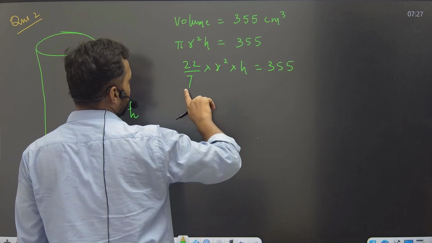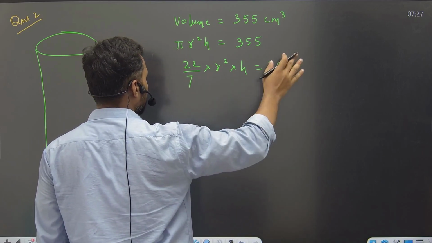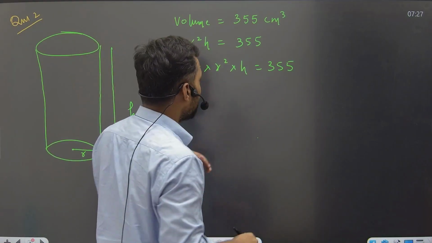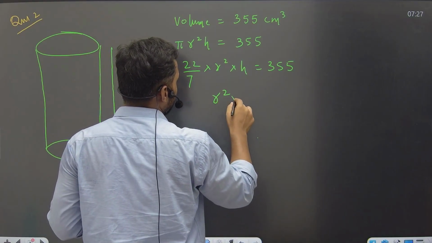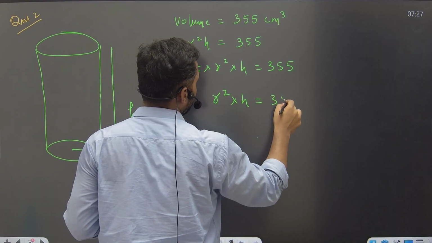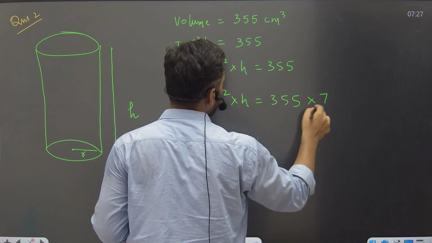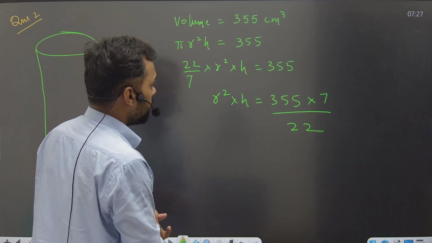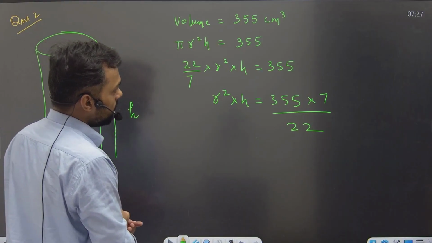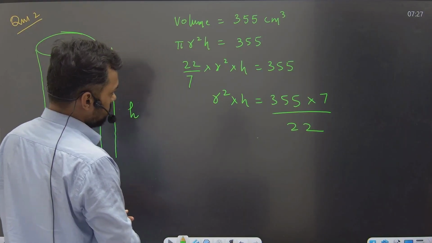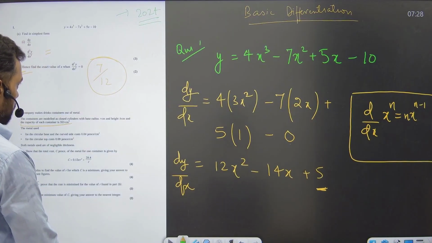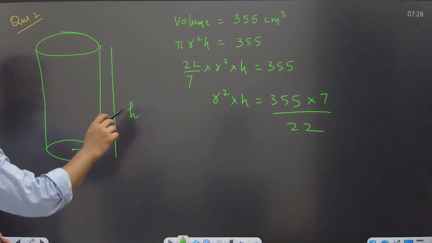If I transpose this 22 by 7 to the right hand side, since it is in multiplication on the left hand side, it will be r square h equals 355 cross 7 by 22. This is the value of r square h.